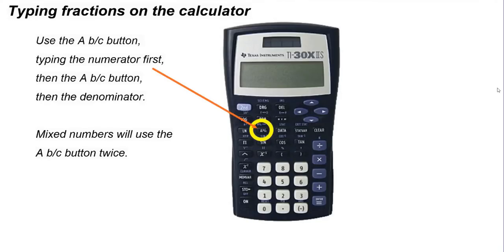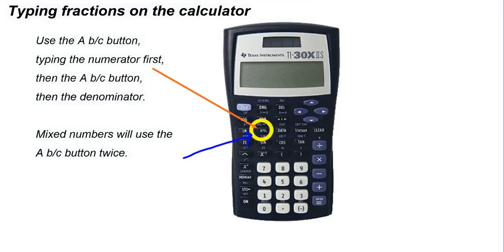So just a side note here on the calculators that we're going to be using, if we're going to be using these to type in fractions and mixed numbers and all of these types of rational numbers, how do you do that? Well, there's an ABC button located right there on the calculator. That is your fraction button, and we're going to use that to type in fractions. So what you need to do is type the numerator first, then you press that button, and then press the denominator.